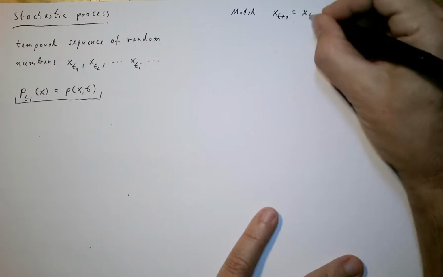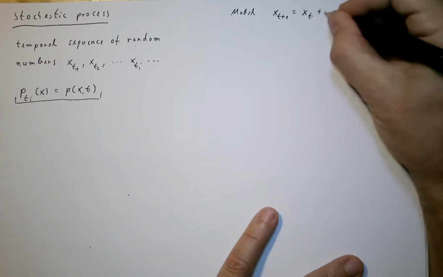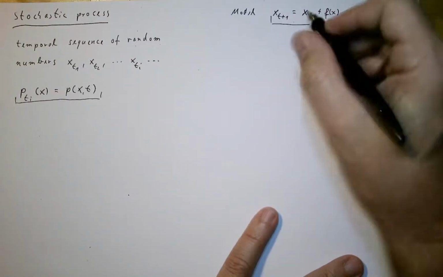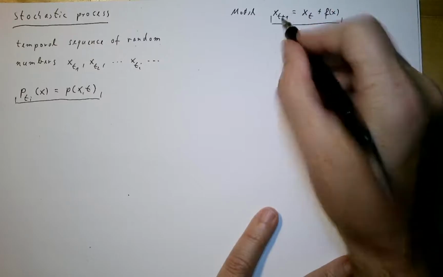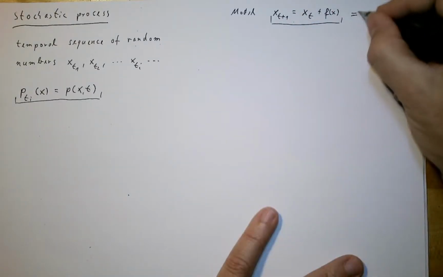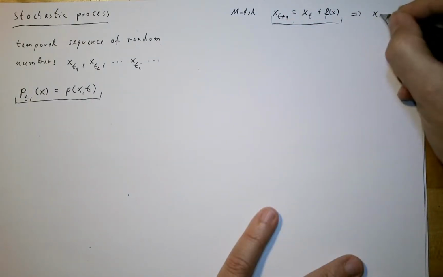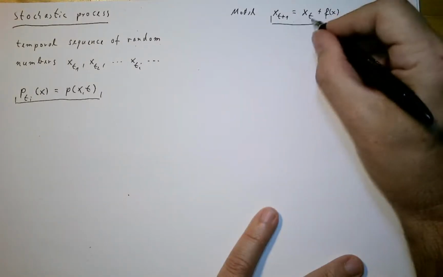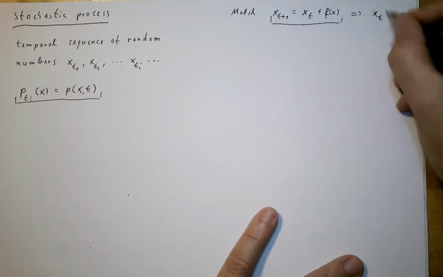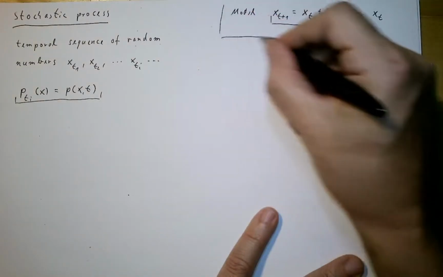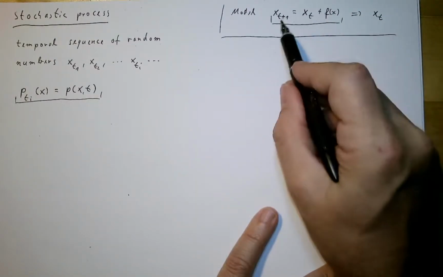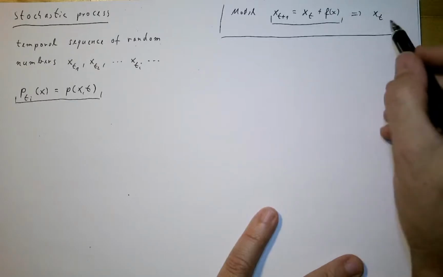This is, for example, x of t plus one equals a function of x. So the model gives us the change of the state with time, and when we solve the model, then we get our state for all times.